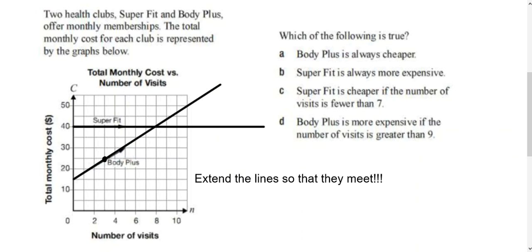No, that point doesn't work. That point works. Anyways, so if I look at this, is Body Plus always cheaper? Well, up to a point it is, but here's my point of intersection.